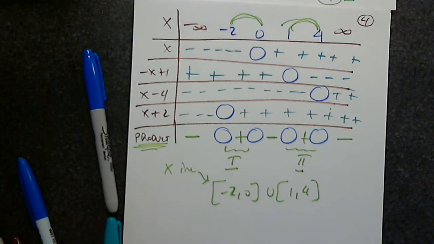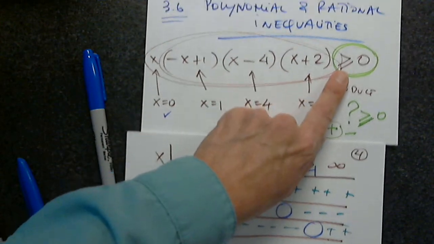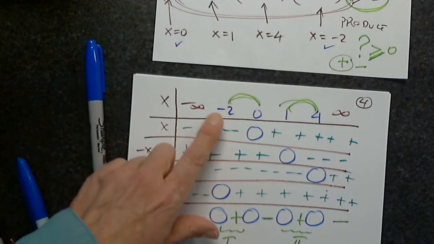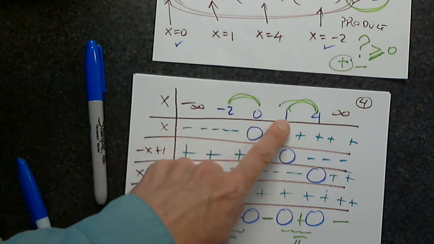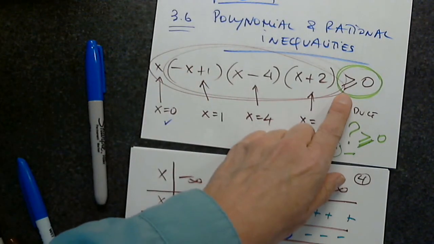What does this mean? It means that if we pick x values between these 2 or these 2, this entire product is guaranteed to be positive. But what if I pick between -∞ and -2, or between 0 and 1, or between 4 and infinity? What will happen then? The entire product will not be positive or 0.